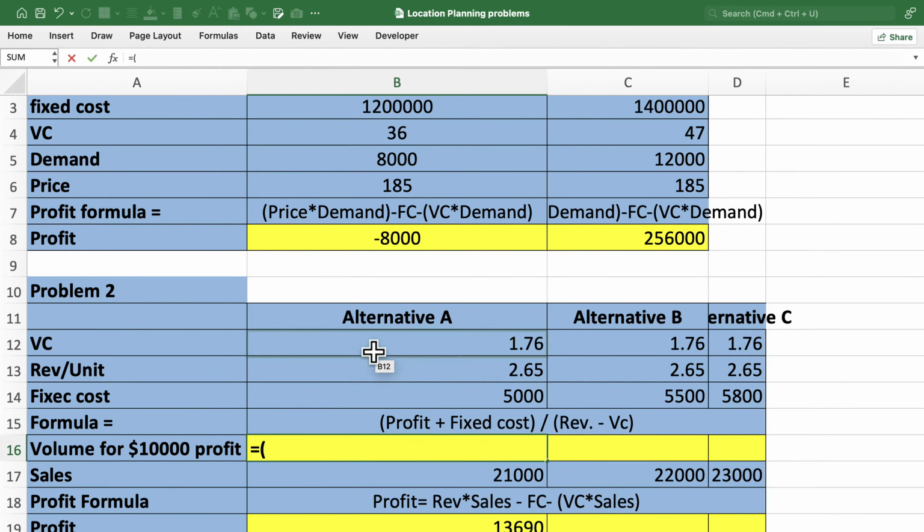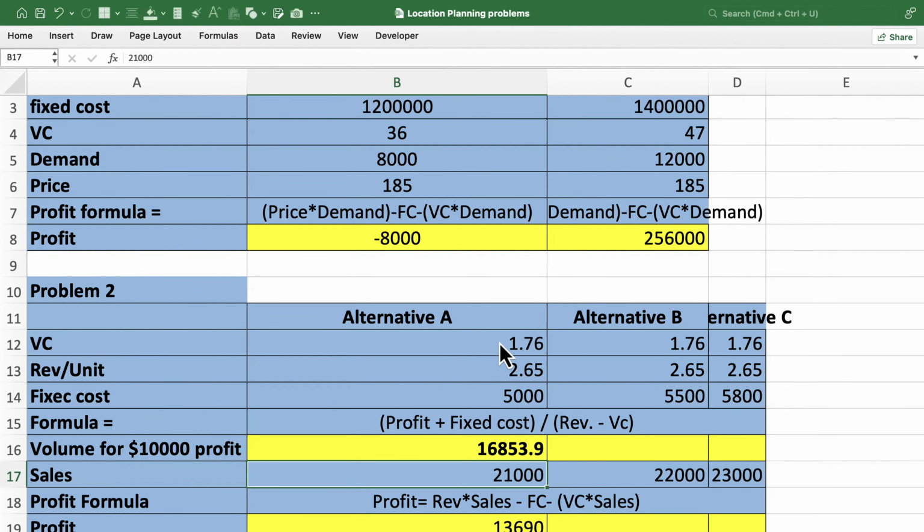So first thing is profit. Profit is mentioned here. Using this formula, our approach will be: equal to profit. Profit has already been mentioned, which means to make a profit of $10,000. So I will write here 10,000 and then plus fixed cost, which is 5,000, and then divided by revenue minus variable cost, and revenue is 2.65 and variable cost is 1.76.